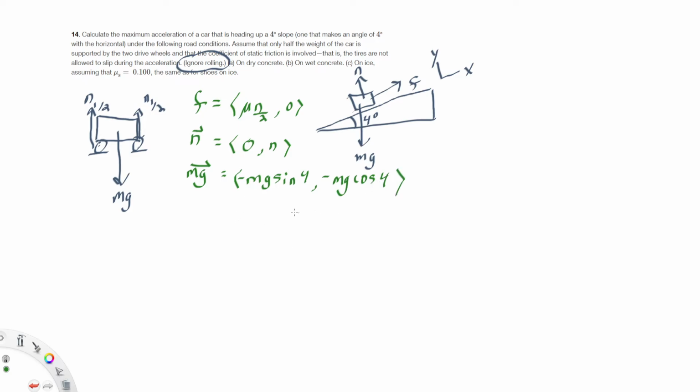Does anyone need a breakdown of these vectors here? Or are they clear on why we get sine and cosine and everything? Oh, I understand what we do with sine and cosine, but when we draw our imaginary triangle, how do we know if we are going to the right or to the left? That's a really good question. Here's our weight vector, right?